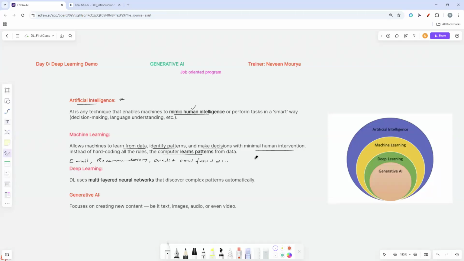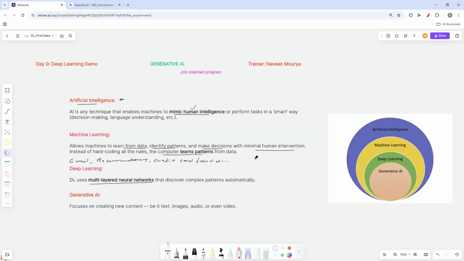Okay, and then deep learning, which we are going to have a thorough discussion on today. Deep learning is a subfield of artificial intelligence again, and it can also be a subfield of machine learning. The techniques we use inside deep learning are nothing but multi-layered neural networks or artificial neural networks, a type of ML based algorithms.